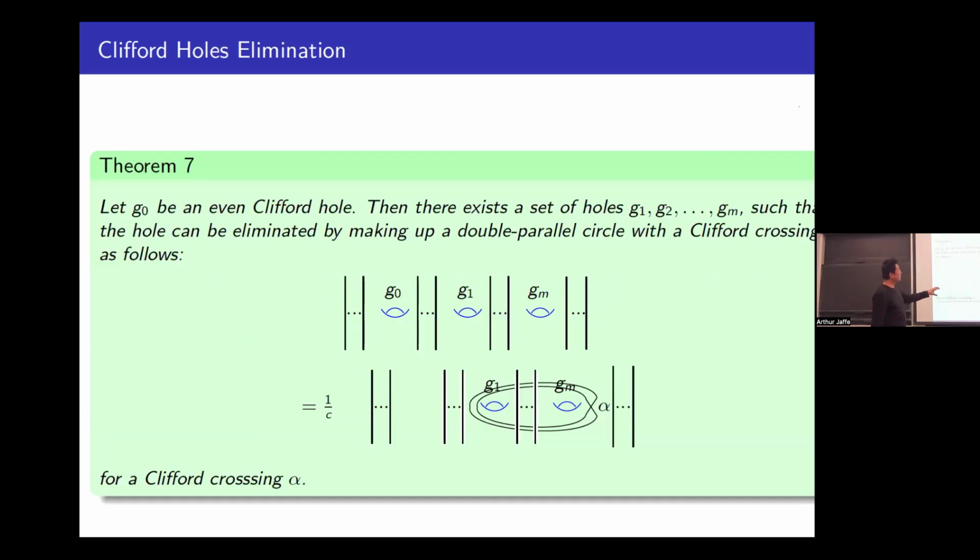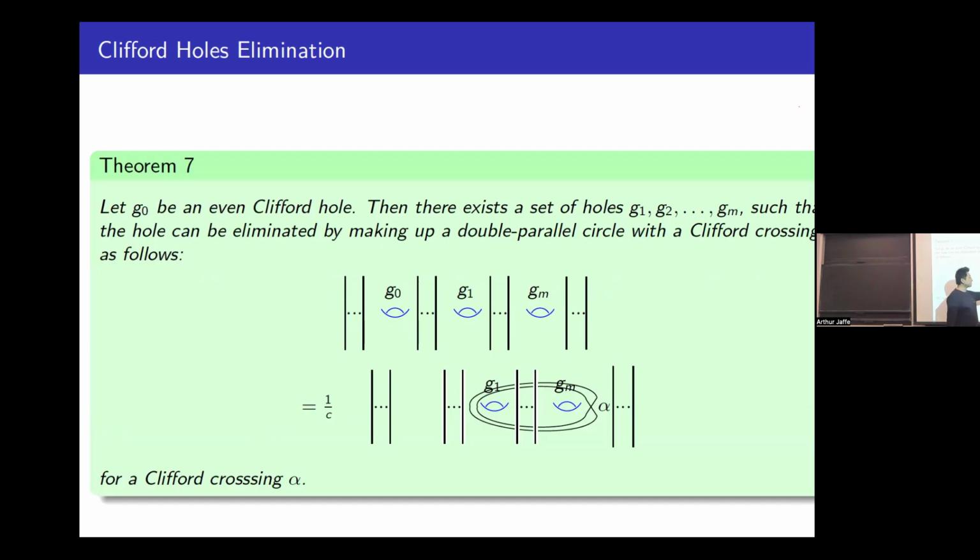Now for the Clifford hole, the relation is as follows. Say G0 is a Clifford hole surrounded by many layers of Cliffords, and those layers will involve many other holes, G1 to Gm. When we remove this hole, we only need to make up one diagram, this double string with crossings surrounding the holes, depending on the topological entangled conditions.